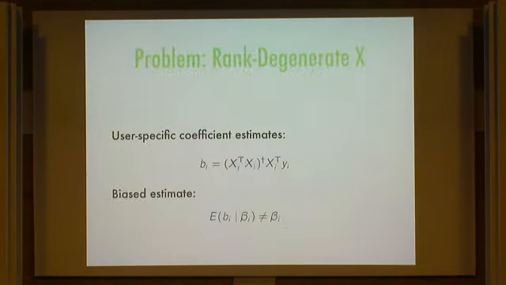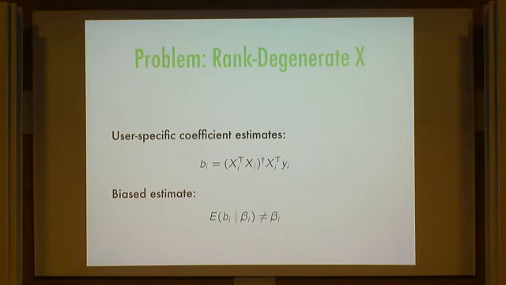Now, things get a little hairy when the X does not have full rank. So now I can still do least squares. I'll use a pseudo inverse instead of a regular inverse. So I'll get bi equals X transpose X, pseudo inverse, X transpose y. But now if I use this pseudo inverse, it's not an unbiased estimate of beta i.